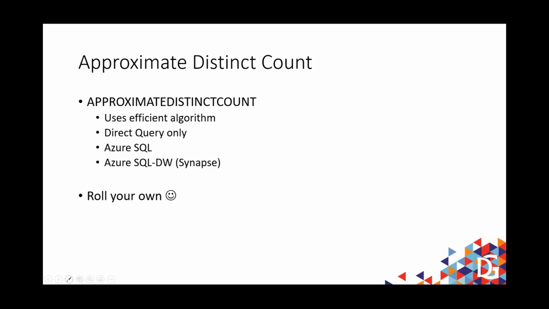It's often referred to as HLL. For Power BI, as I mentioned, the approximated distinct count DAX function is designed and will only work if you're running in DirectQuery mode and the data source that you're connecting to is Azure SQL or Azure SQL DW, and maybe a newish version of SQL DB.